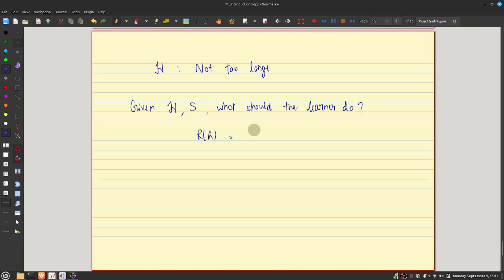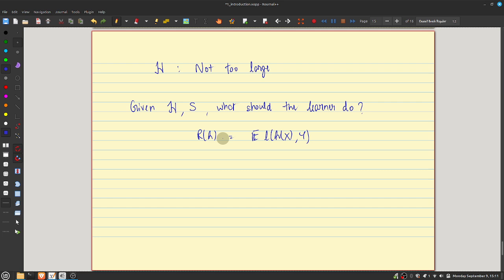Right? We want the expectation of L of h of x comma y to be as small as possible. And this is over a new x, which is not present in the training set. Correct? That's one thing to keep in mind. The performance is over something you have not seen.